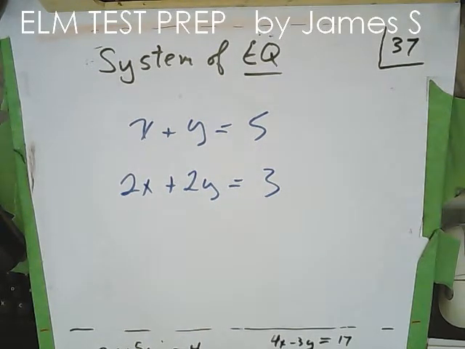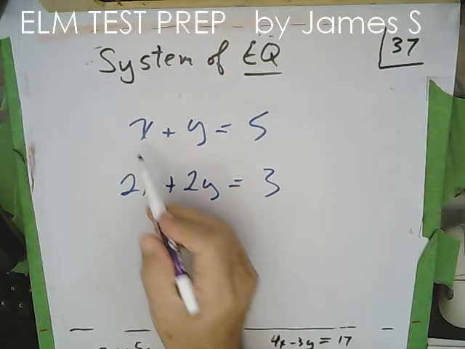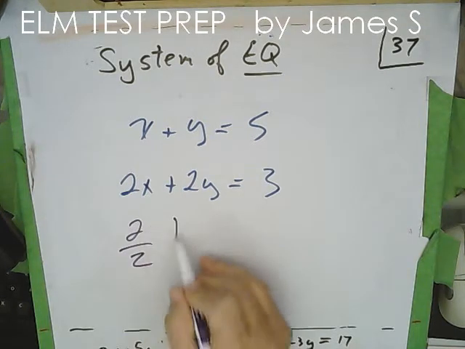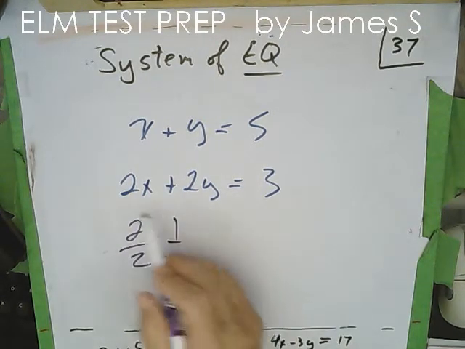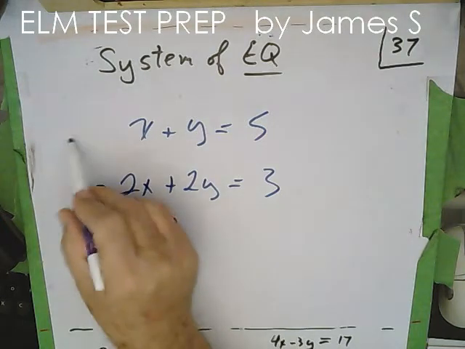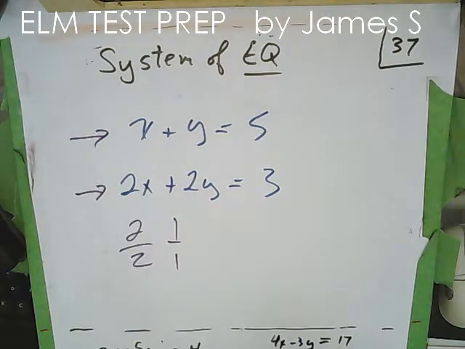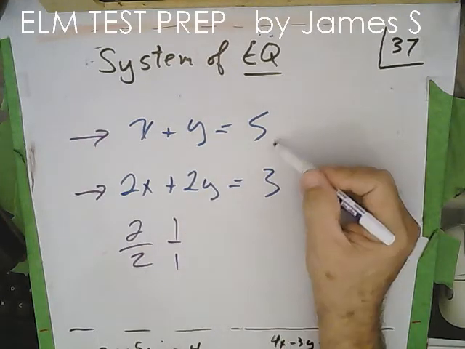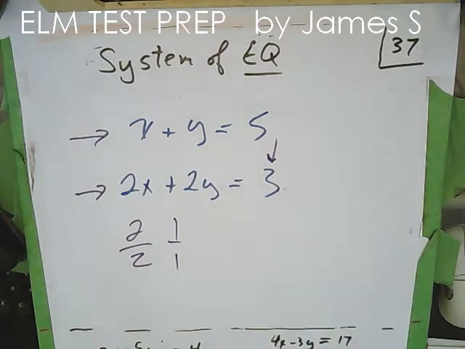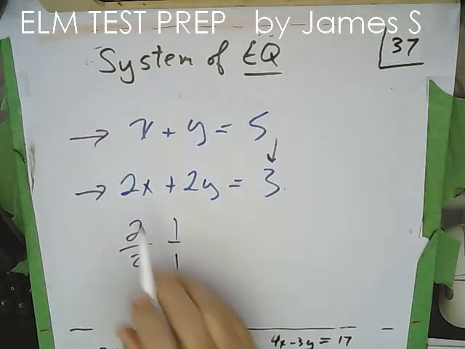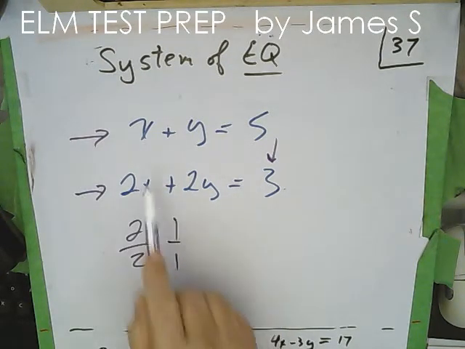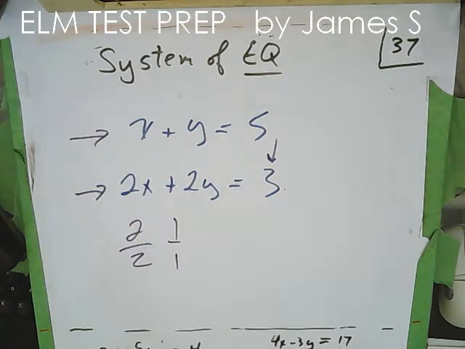Well, these are actually parallel. The relationship here is 1 to 1. This is 2 to 2, but reduces down to 1 to 1. So the slope of this line is actually the same as that one. And this is merely doubling those values. I did not double that value, so they are two lines, but they do have the same slope. The relationship of x to y is the same ratio.